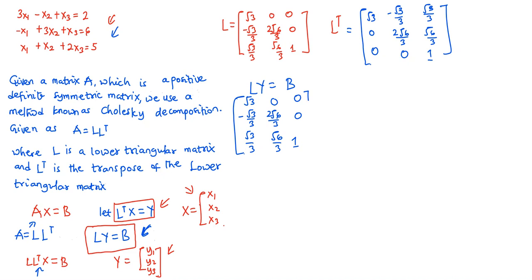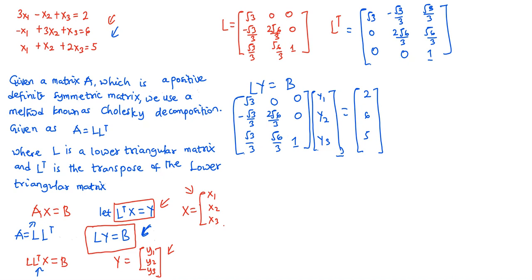You're going to multiply this by the column vector y, which is y1, y2, and then y3. This should be equal to the right hand side b, so we have 2, 6, 5.